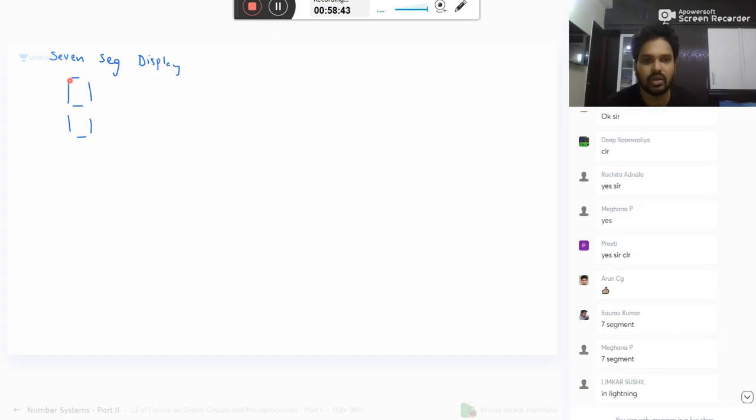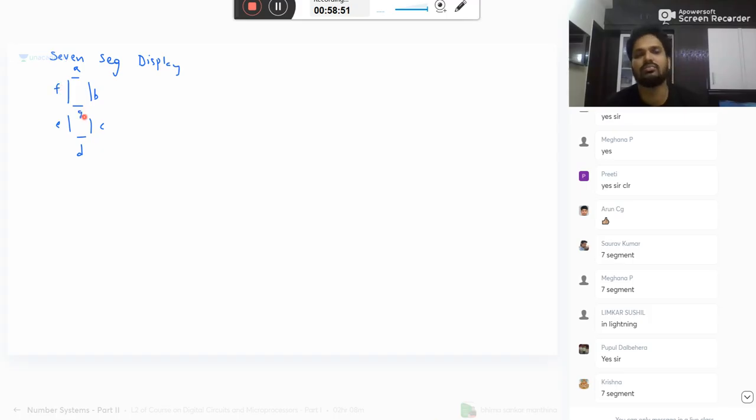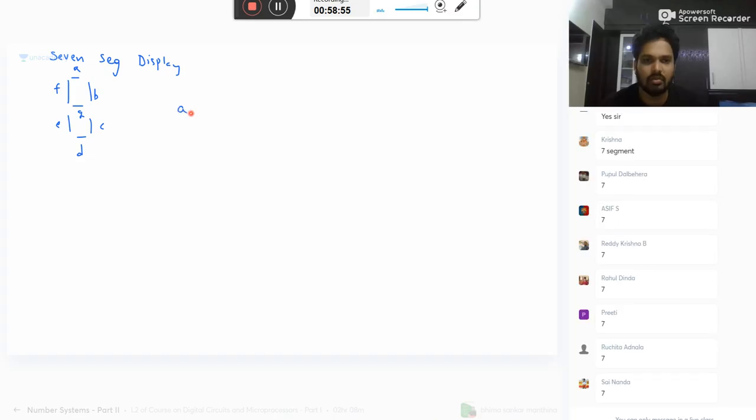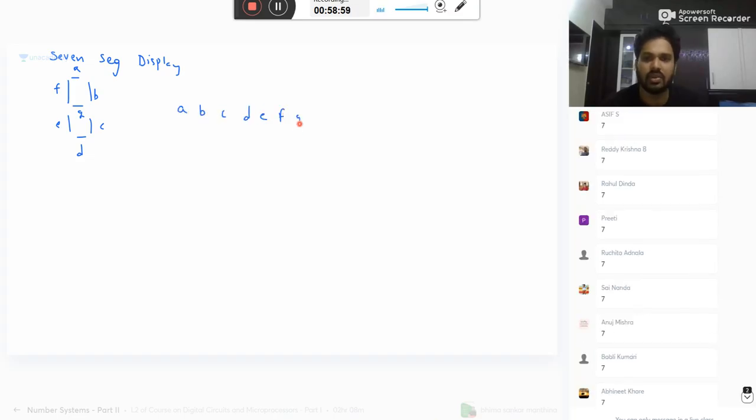Okay, so it is having the names A, B, C, D, E, F, G. How many LEDs are there here? Seven LEDs are there. You want to represent the number 0. 0 means all LEDs should be on except the middle one.